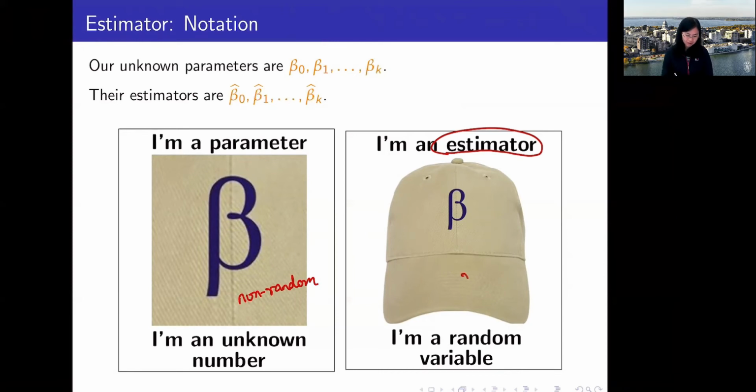Beta hat is an estimator for beta, and it is a random variable. It is a random variable because it is a function of the random sample, our data set. And from the ex ante point of view, the random sample is a collection of random variables. Therefore, the estimator is a random variable.